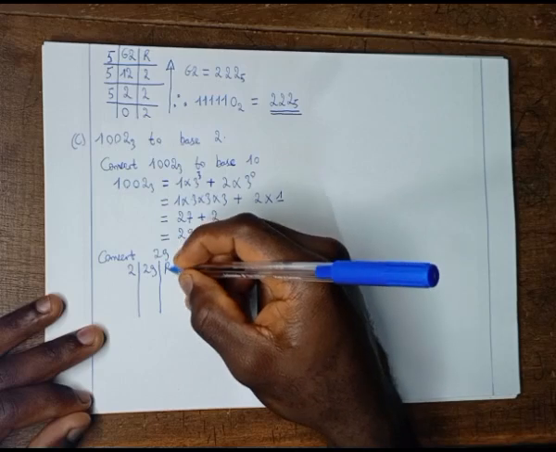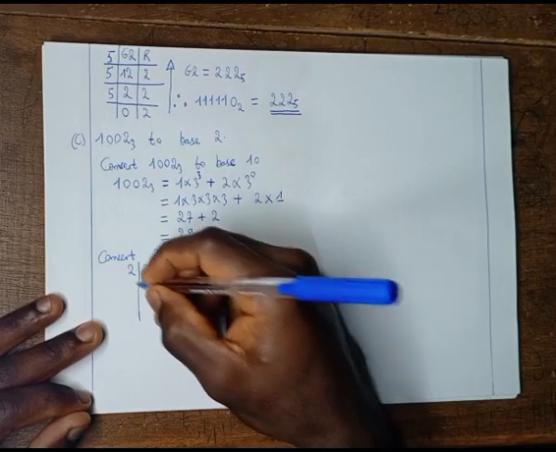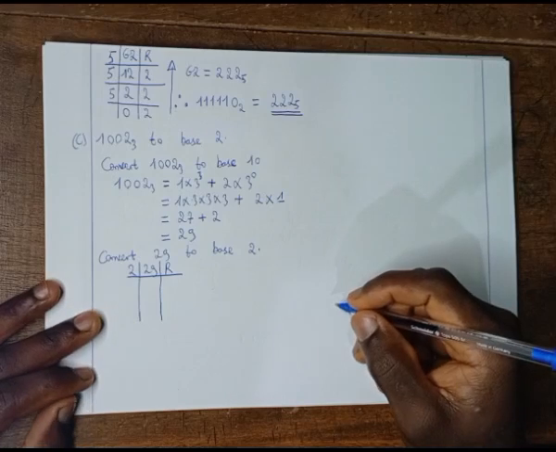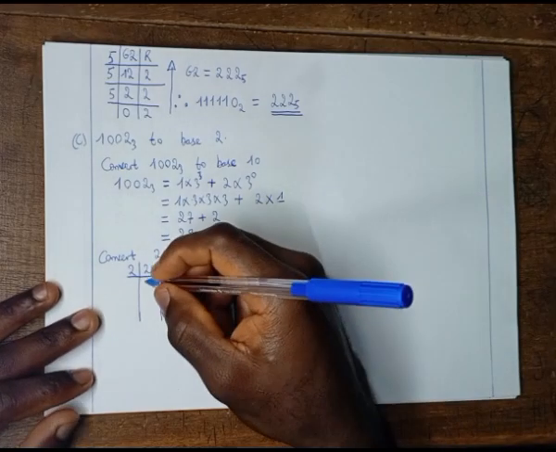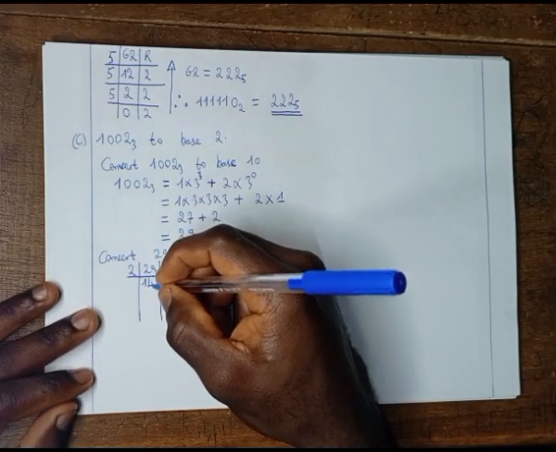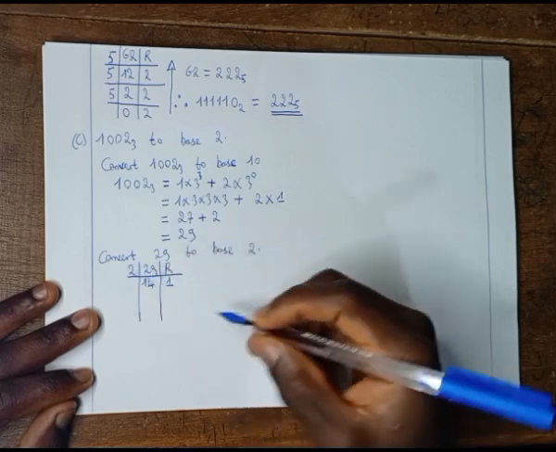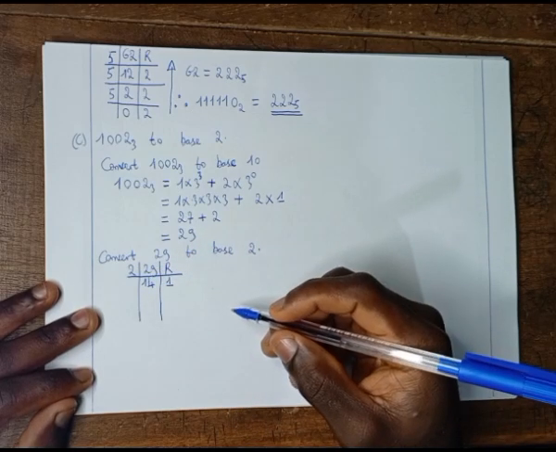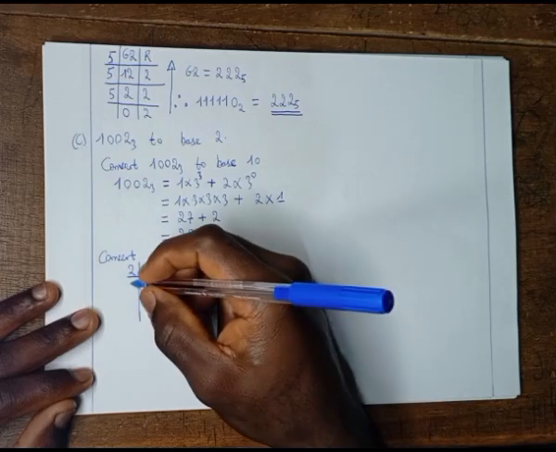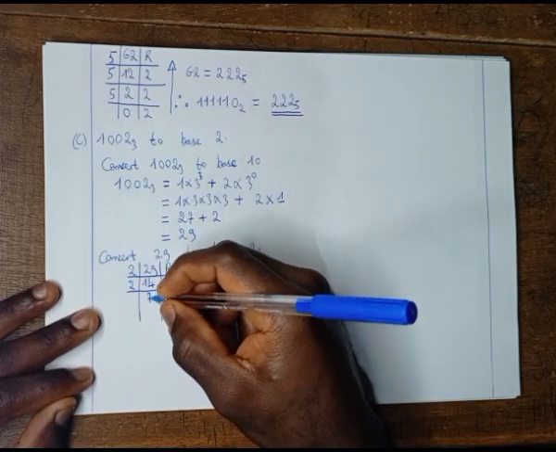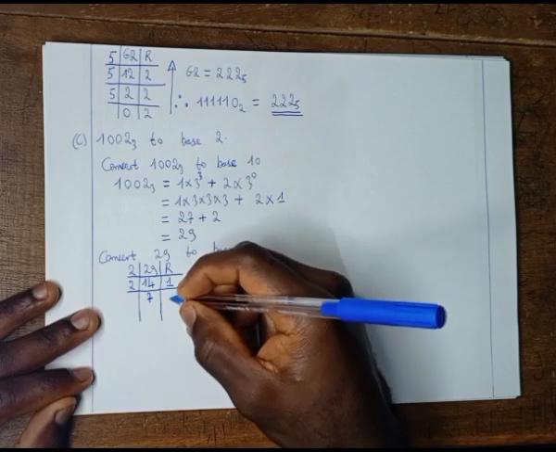And for the next, we have the remainder. 29 divided by 2 gives us a whole number part of 14 and a remainder of 1. We know 14 times 2 gives us 28. 29 minus 28 gives us 1. We bring down 2. 14 divided by 2 gives us 7. That's a whole number part and a remainder of 0.